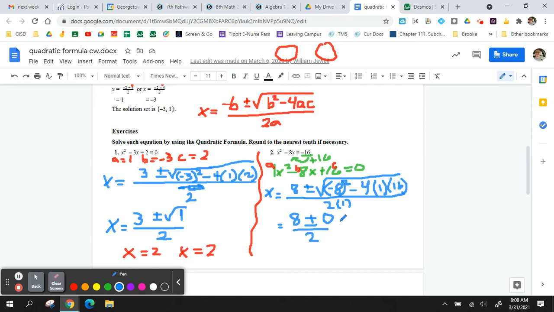So really it's 8 plus 0 divided by 2 and 8 minus 0 divided by 2, which is still just 8 divided by 2. So you have one answer, and that is 4. That means it only crosses your axis one time. Okay, what it could possibly look like is this. Okay, it touches one time.